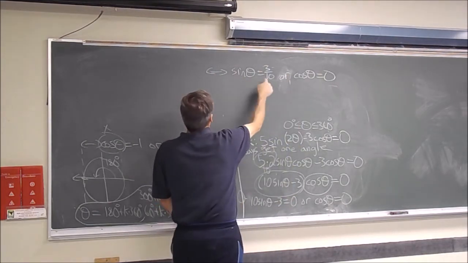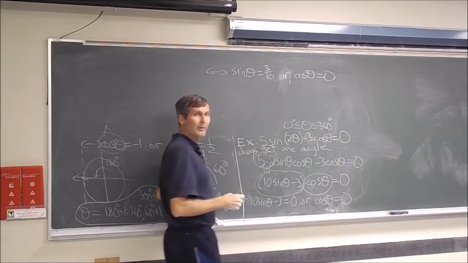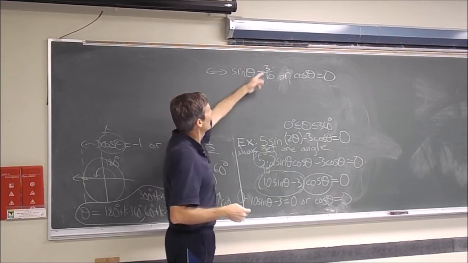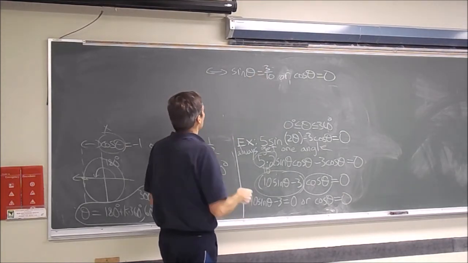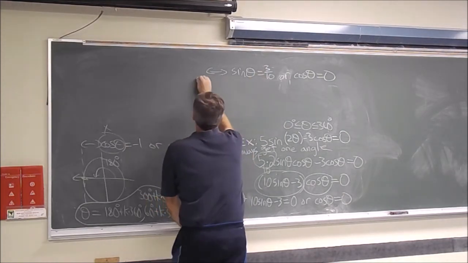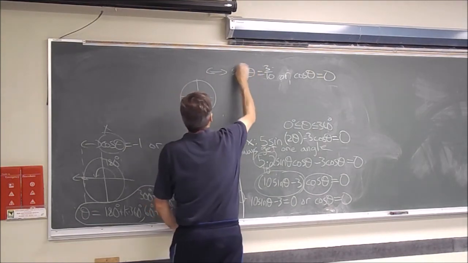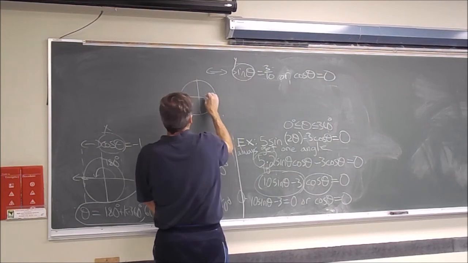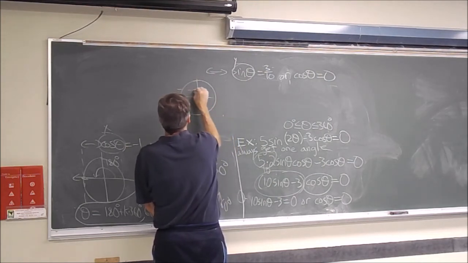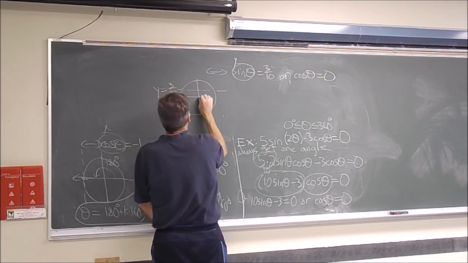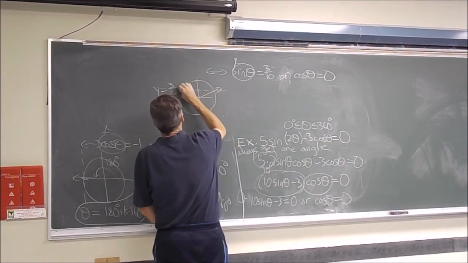So if sine theta is 3/10, what's the solution to that? We haven't talked about that yet. When this is not a number that comes from a special angle, what you simply do is solve on the unit circle like this. Say, once again, this is the y coordinate equals 3/10, so I'll put y equals 3/10. And I notice there's two angles, but I can't tell you the angle by heart.